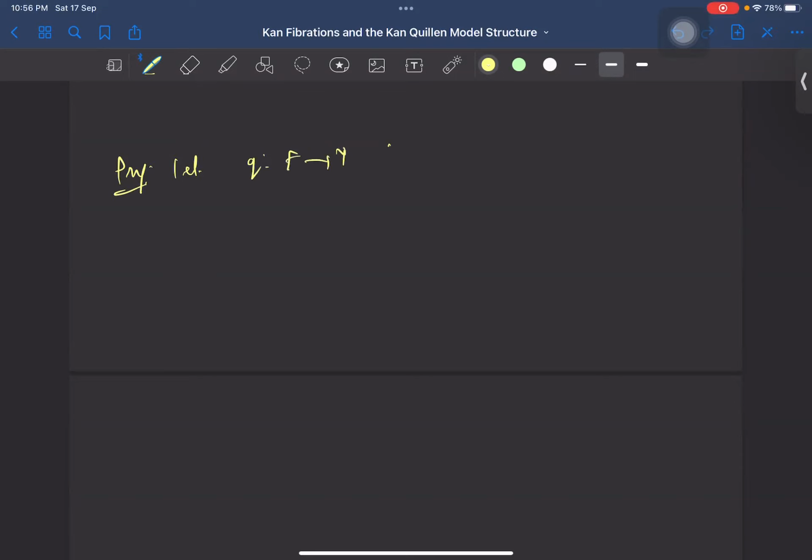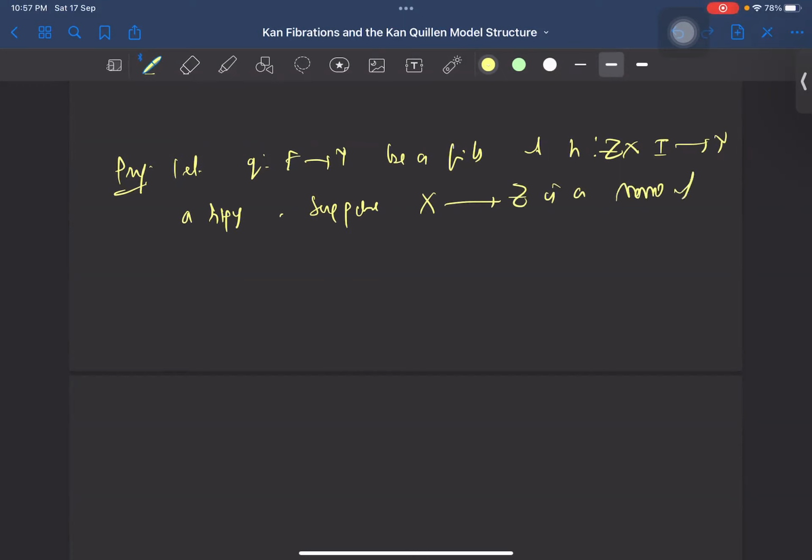We have a fibration and a homotopy. Then suppose the map X to Z is a mono, and we have another map.